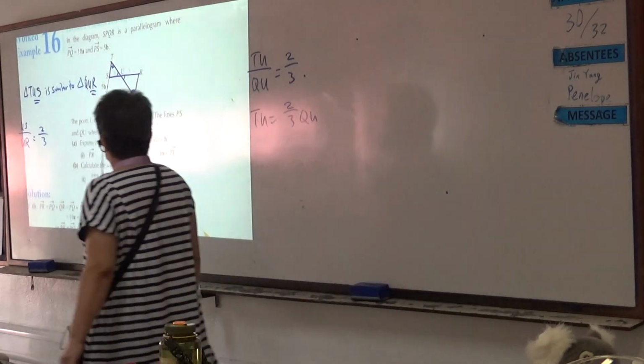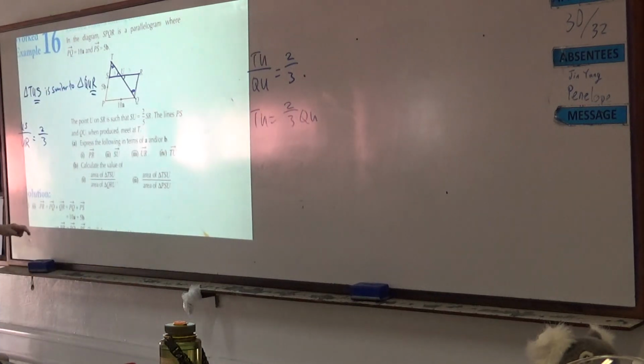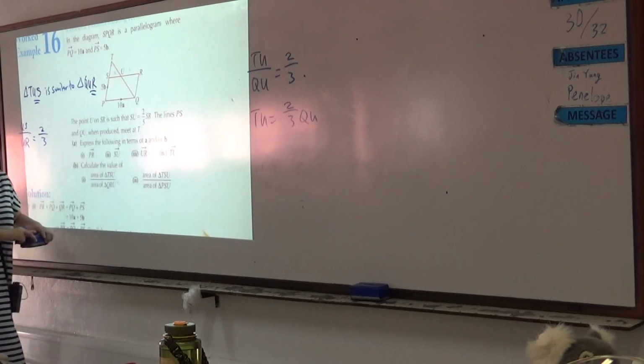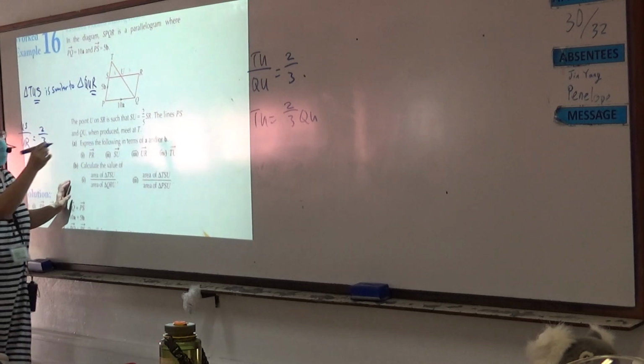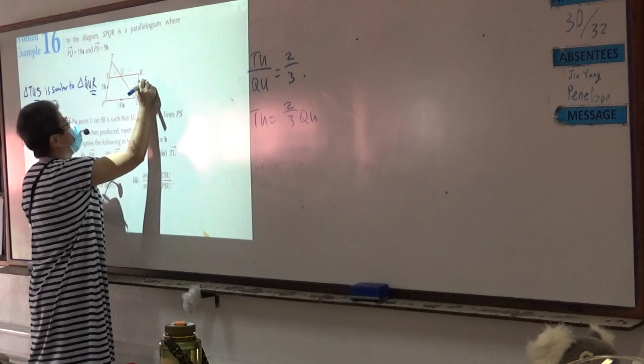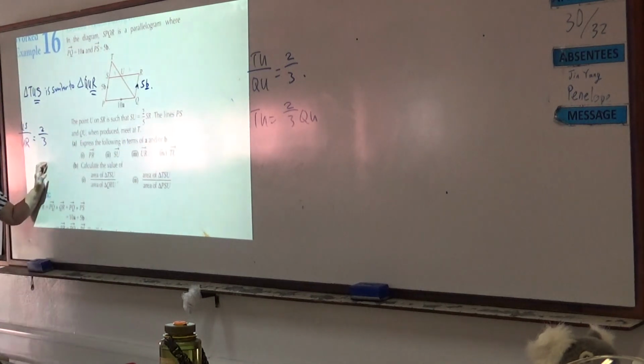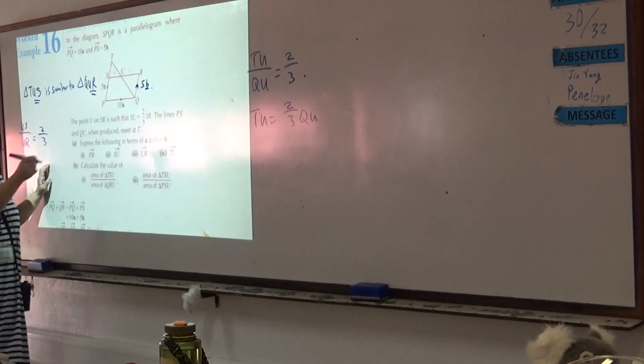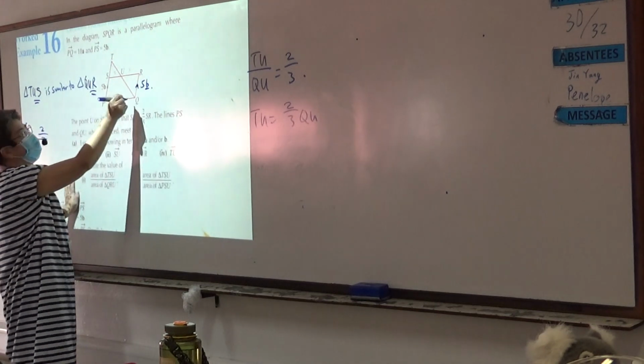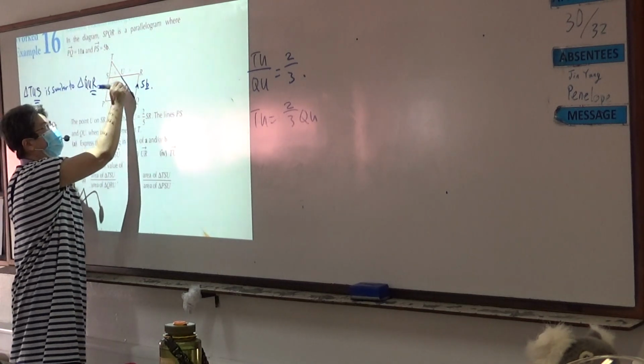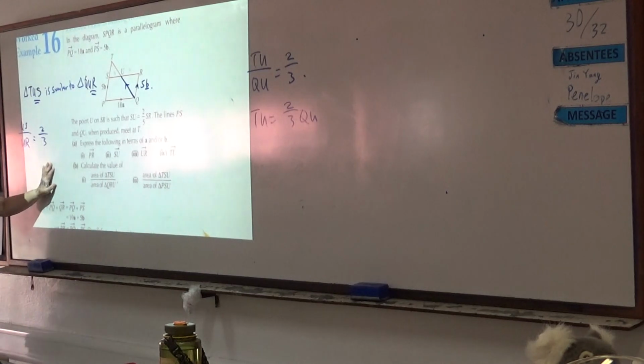Okay. Now I want you to take a look here. I'm going to print this out already. All look up. Just now we found that this is 5B. They want to find QU. QU will be this direction. Agree?